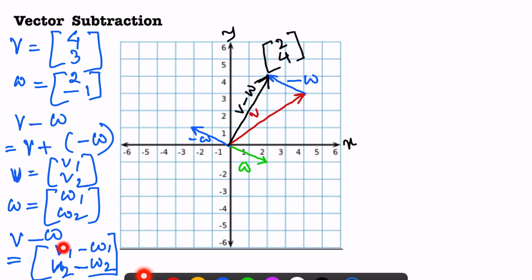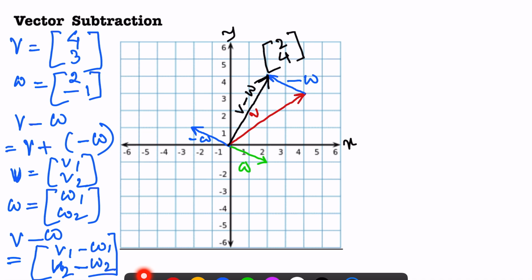So this is the x update of v minus the x update of w, and here the y update of v minus the y update of w.